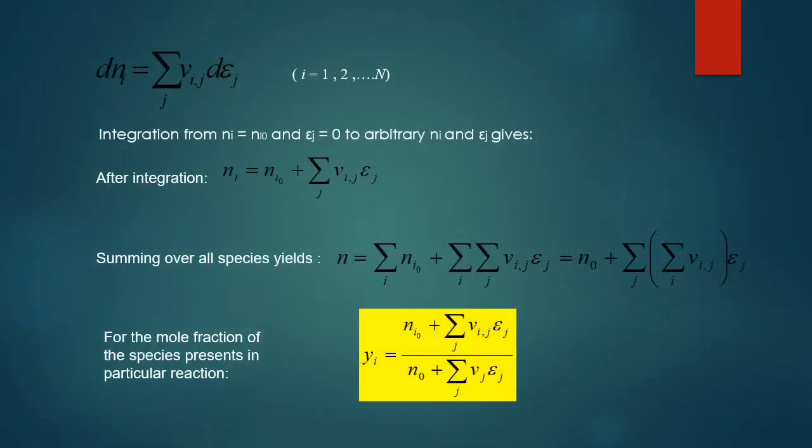Because the number of moles of a species i may change in several reactions, equation 13.3 in the textbook includes a sum: dn_i equals the sum of v_ij d epsilon_j. Next, from the equation, the integration from n_i0 to arbitrary n_i and epsilon_j gives, after integration, this equation.